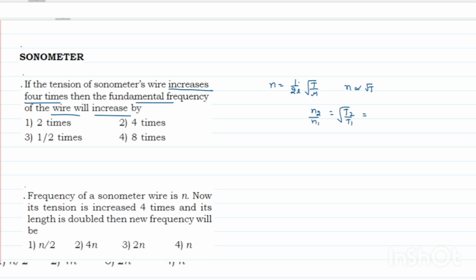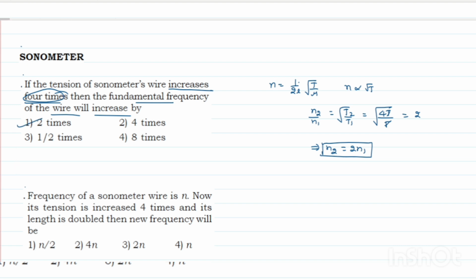Here you are increasing the tension 4 times, so it becomes 4 times the tensional force by the initial tension force, which is nothing but 2. That is, N2 equals 2 times N1. Hence the frequency increases 2 times.